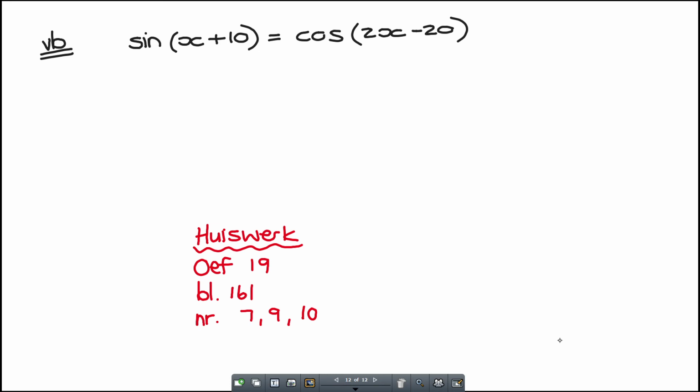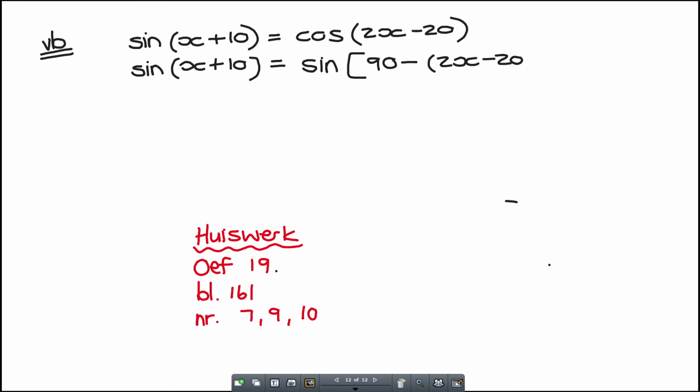Okay, right. So, the left hand side is going to stay sine x plus 10. Okay, now the right hand side, I want to change that to sine. Nou, vorige keer het ons gesê ons gebruik ons 90 grade reël, né? So ek gaan sê dis dieselfde as sin 90 minus, en nou kyk gou, hierdie deel is belangrik, because there was two things there, keep it in brackets, 2x minus 20, right?